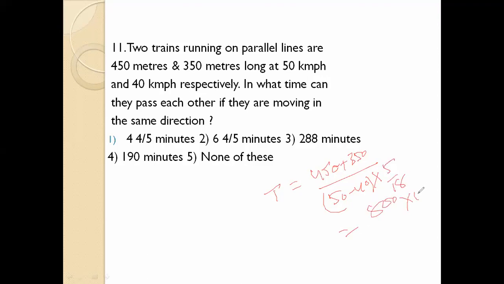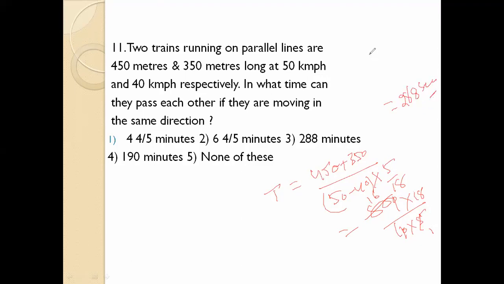800 into 18 divided by 10 into 5. 5 ones are 5, 5 sixteens are 80. 18 sixes are 108. 288 seconds this one.